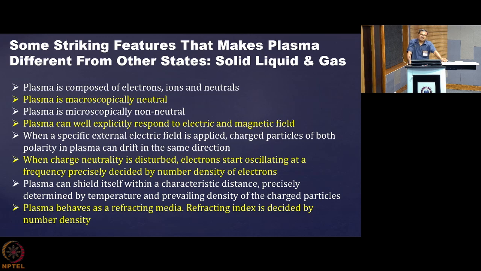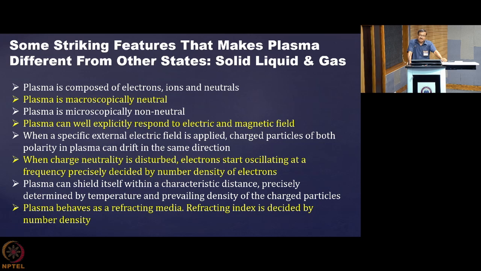Now we see that the first one is plasma is composed of electrons, ions, and neutrals, and they are separated from each other. Of course, electrons are there within the ions and within the atoms, but free electrons are also there in a plasma.